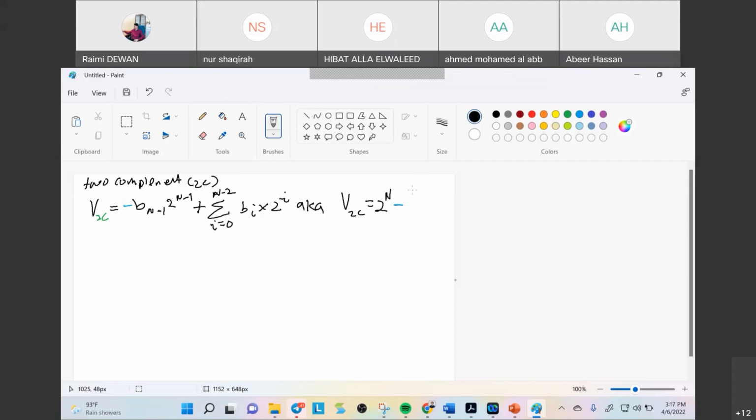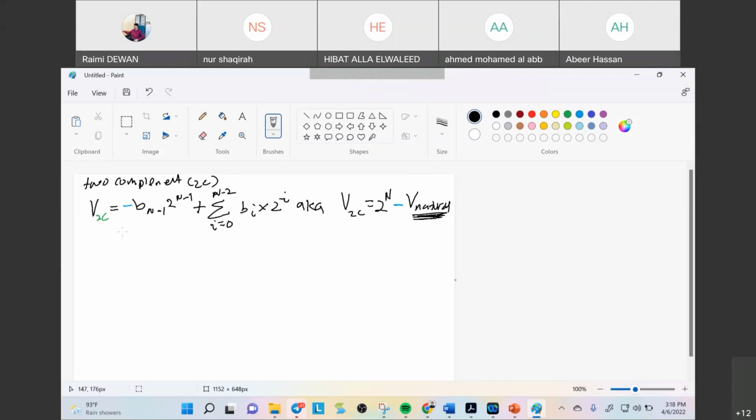V natural means the natural numbers, the one that we learn first, which is the unsigned number. It doesn't have negative numbers, and the smallest one will be 0.